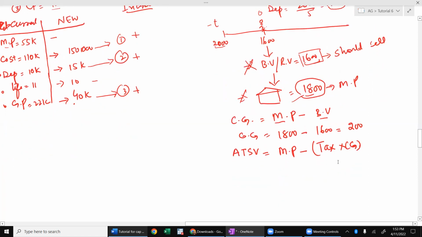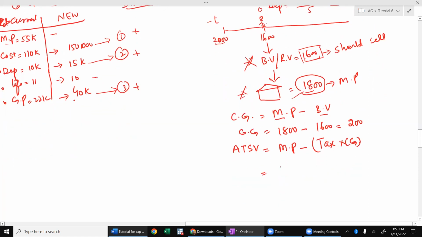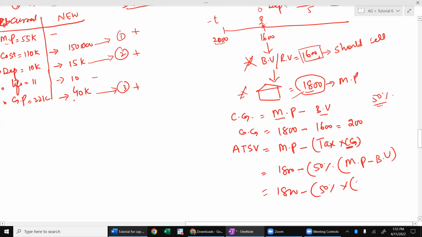In other words, it is 1,800 minus, let's say the tax rate is 50%, just for simplicity, multiplied by capital gain. How did you calculate it? It was equal to market price minus book value. So 1,800 minus 50% into 1,800 minus 1,600.